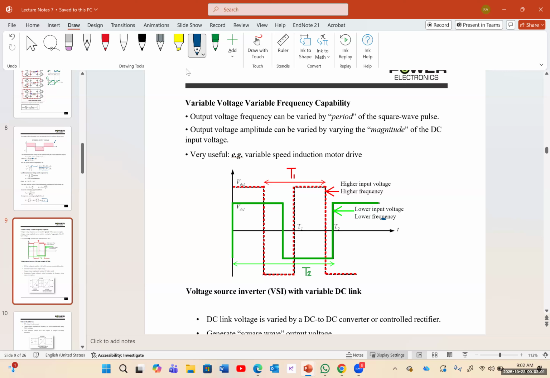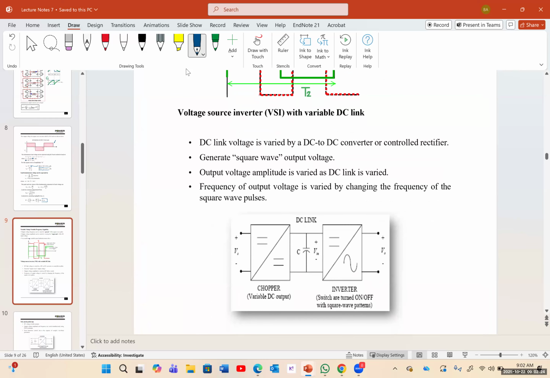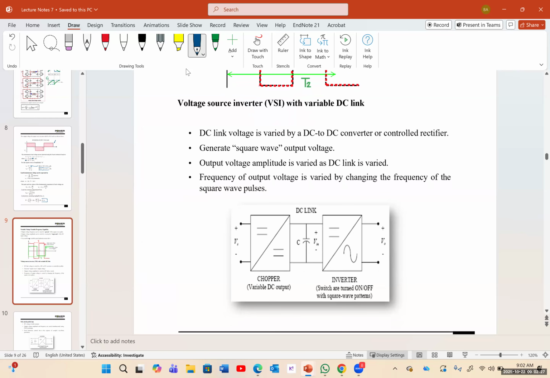And so it depends on what application you are going to use. Sometimes you need something cheap, so you're going to go with the buck converter. Sometimes you need something very sophisticated and accurate, as mentioned. For that, you need a pure sine wave. So voltage source inverters, or VSI, with variable DC link.